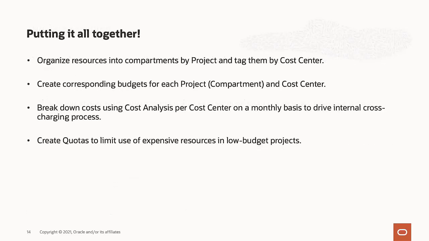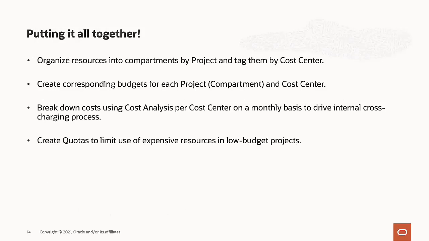Yeah, so kind of putting everything together, these are just the different strategies. A lot of times companies will organize their resources into compartments based off the project, and then also tag them by the cost center.